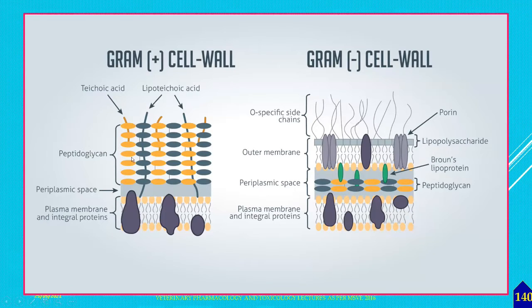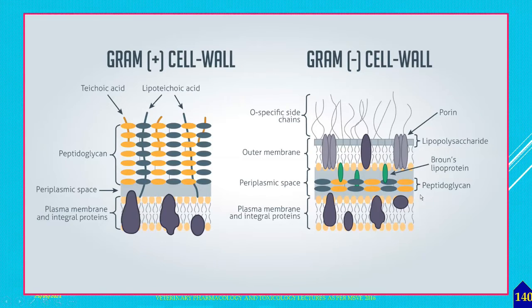All this is the structure of the peptidoglycan, whereas both of these chains are lipoteichoic acids in the cell wall of the bacterial cell. The periplasmic space is also there, but it is devoid of Braun's lipoprotein. Here, one special structure is there that's called Braun's lipoprotein.